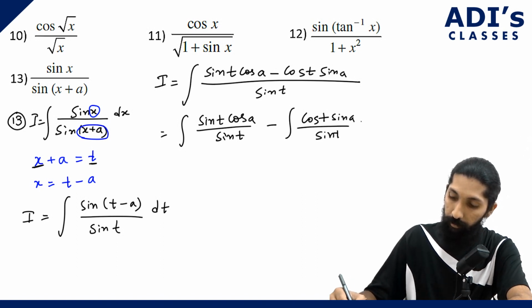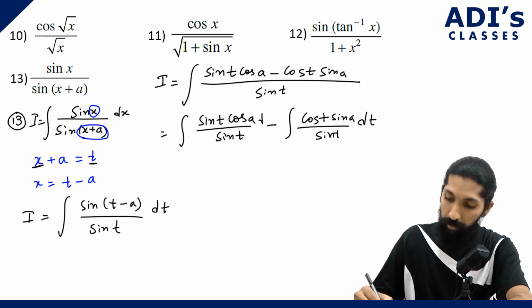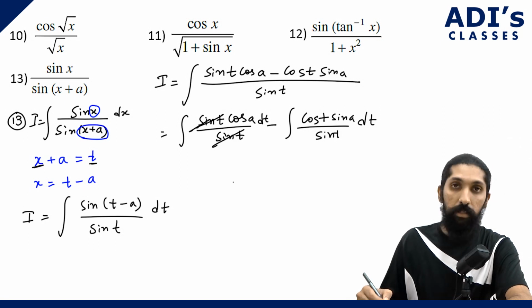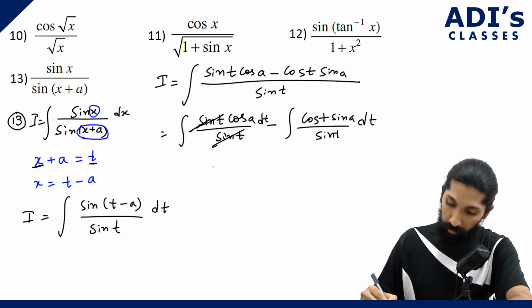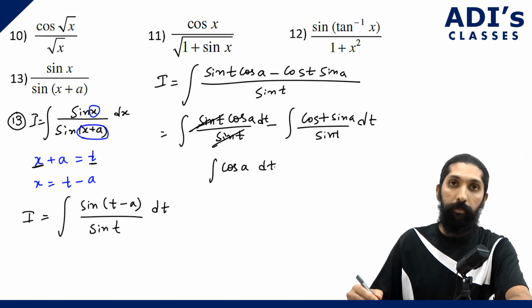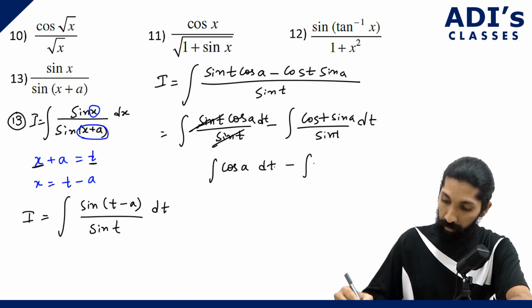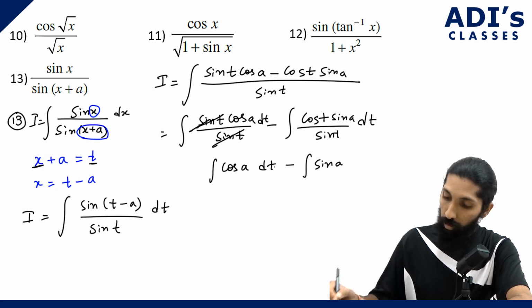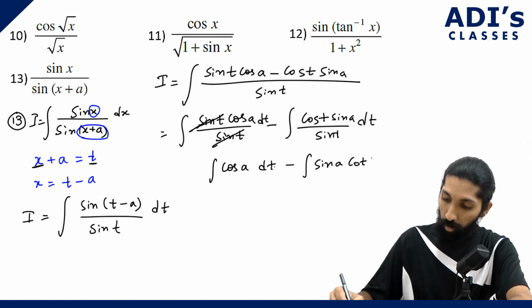In both the cases we have dt anyway. Sin t cancels. So what do we have? Integral of cos a dt minus integral of sin a into cot t dt. Correct?